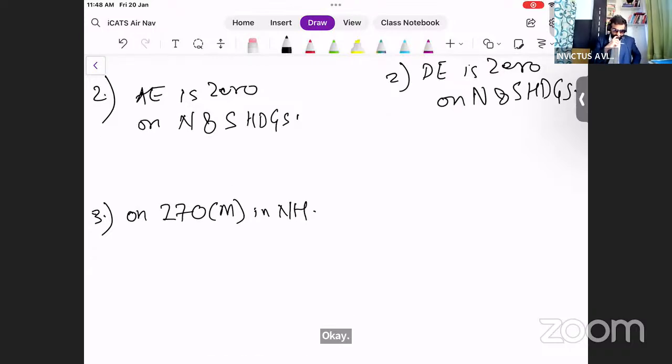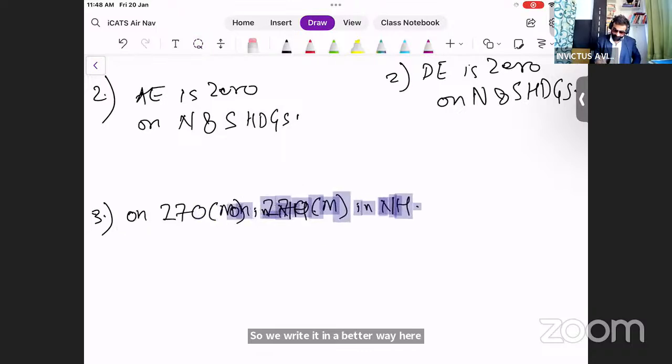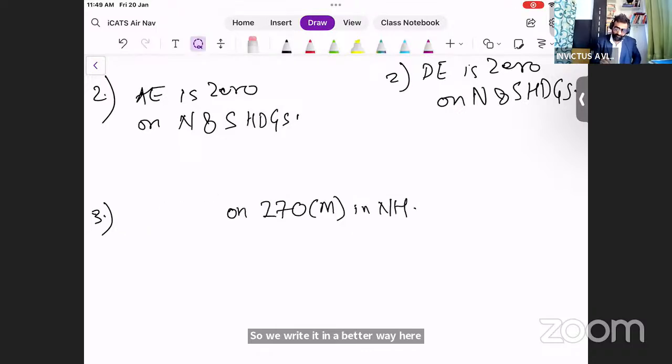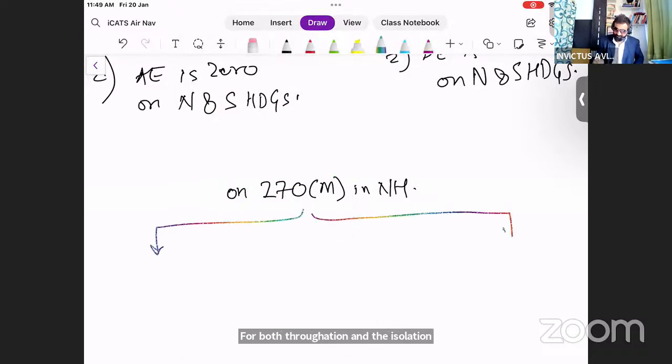So we'll write it in a better way here. Like this, a common point we'll write here for both acceleration and deceleration. Like this, point number 3.